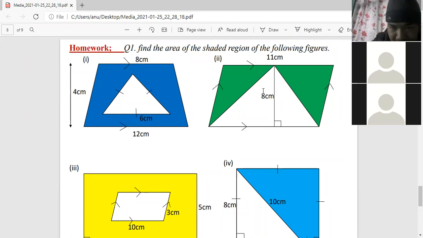Area of triangle is 1 by 2 base into height. Then area of triangle will come, that is A2. Then when you find the area of shaded region, then A1 minus A2. A1 was area of parallelogram, A2 was area of triangle. Then if you subtract, you will get area of shaded region. Have you got my point?